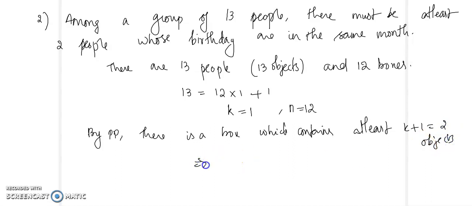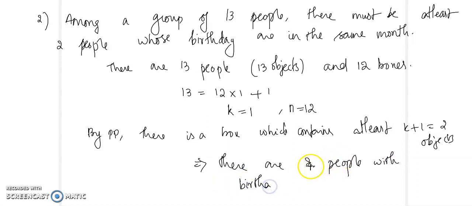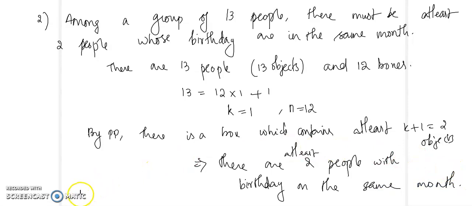So that implies there are at least 2 people with birthdays in the same month. So that is the second example.